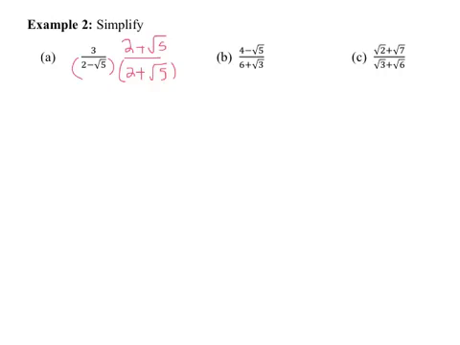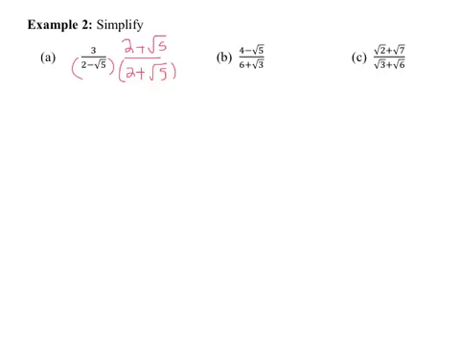So let's write this down. When you have a binomial denominator, you multiply by the binomial conjugate. That's what this thing is we're multiplying by. They are binomial conjugates, plus or minus.